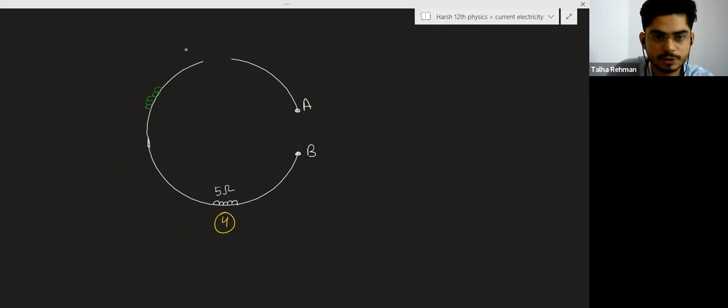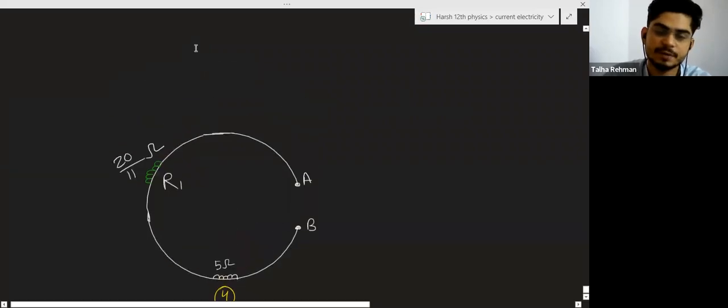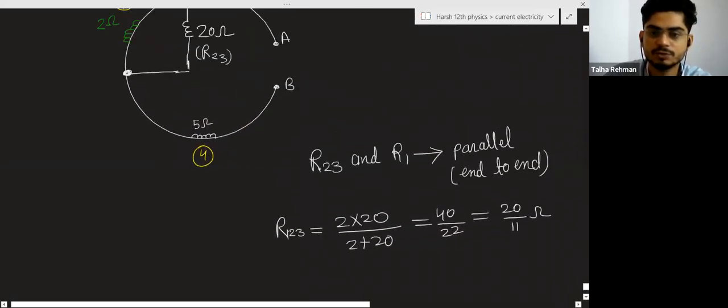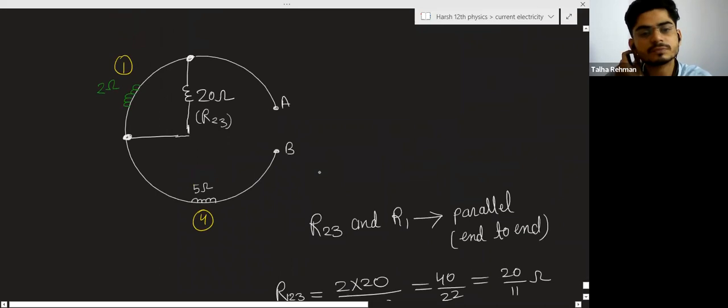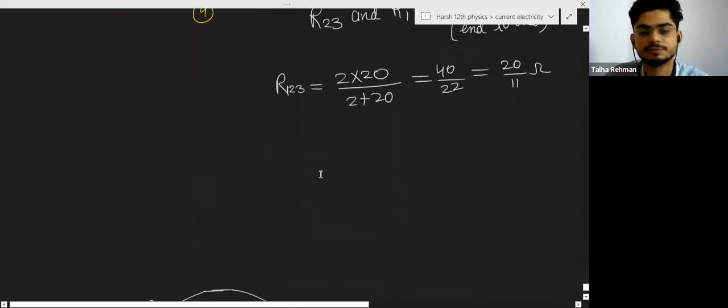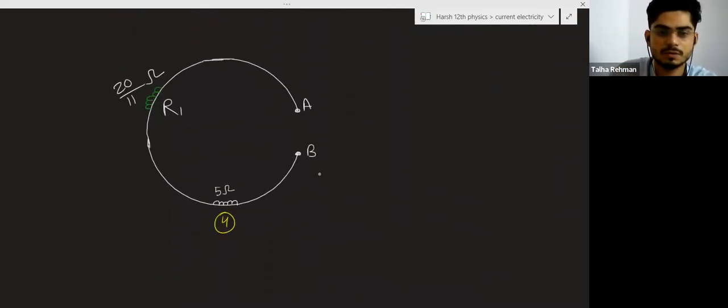This 20 divided by 11 ohm resistance I am connecting here, and this resistance is connected with this 5 ohm resistance. I am giving it the name R123.